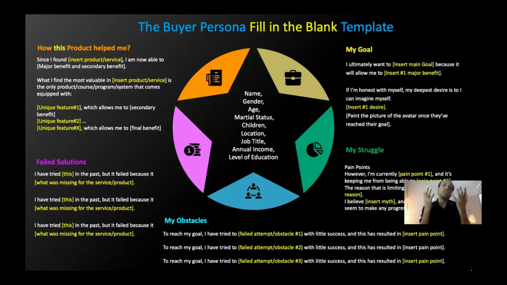Think about whether you are mostly going to target female or male. What should be the age range? Facebook gives you the option to target from 18 to 55 or 65 plus, but think about what the correct audience age range is. Is it 35 to 45 or whatever?